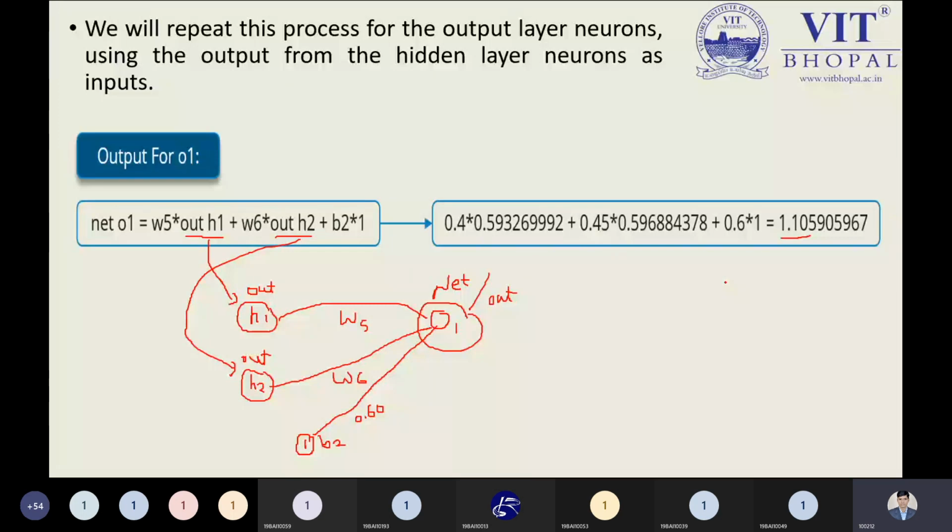So you are required to follow this approach. Finally you will get the correct answer. So now the concept is clear, how we are getting the net O1 value.